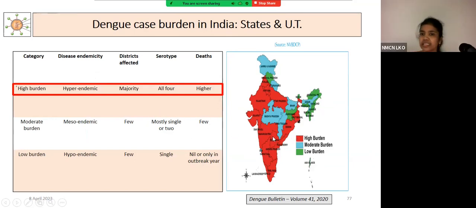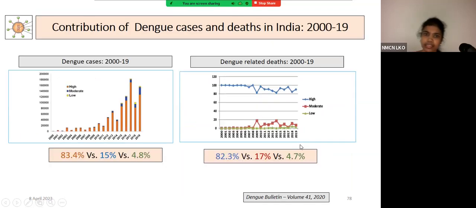Dengue case burden in India has been divided into 3 zones as per the caseload, that is high burden zone, moderate burden zone, and low burden zone. Out of 36 states, including union territories, 15 states are included in the high burden zone, where all 4 serotypes are seen. And Uttar Pradesh is one of the high burden zones in India.